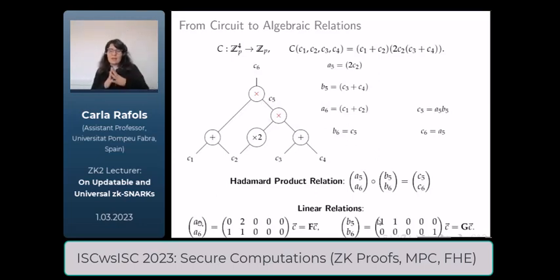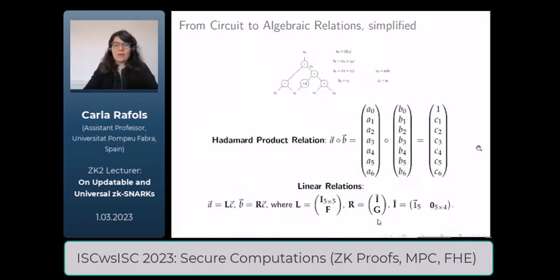Okay, so in summary, what I have is some quadratic relation. I have just 3 vectors of the same length, which are A, B, C, which are assignments to the left, right, and output gates, and I want to prove that some quadratic relation is satisfied.